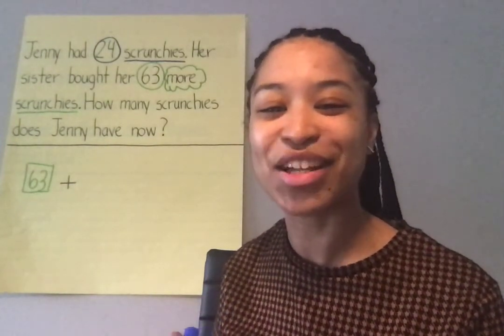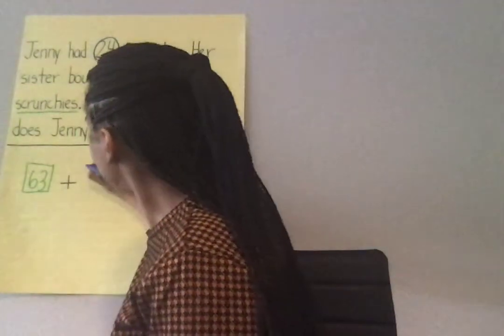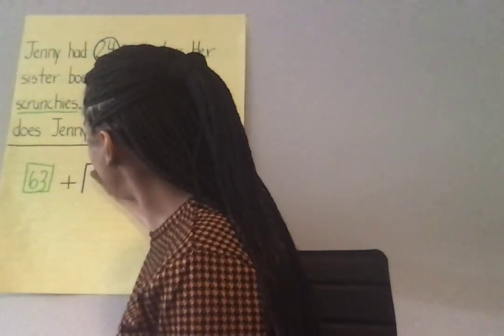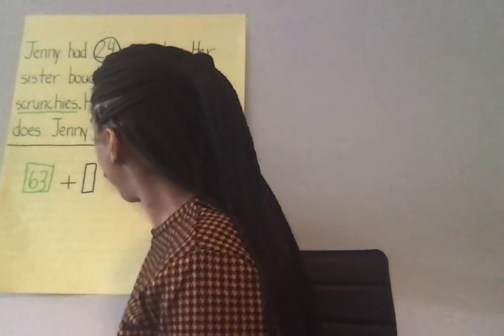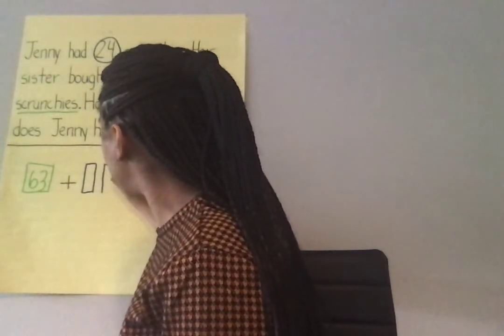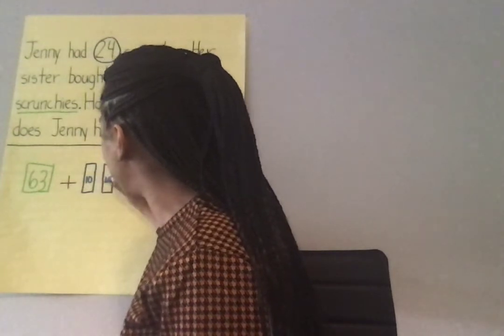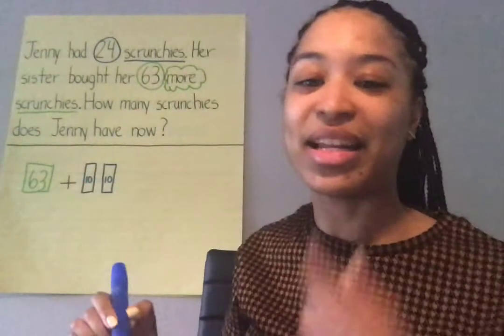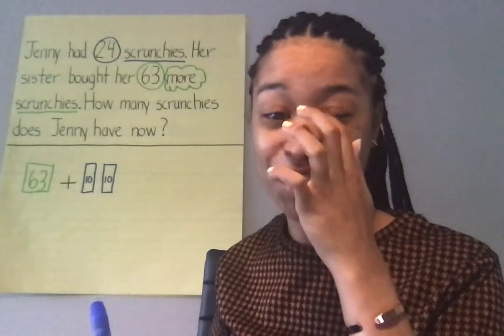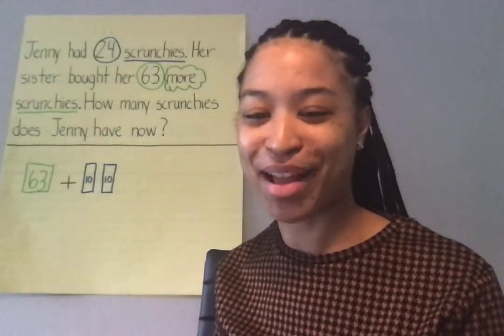Draw 2 ten sticks on your paper. And then each ten stick represents 10. So I'm writing 10 inside of each one to double check. Make sure your paper looks like mine.